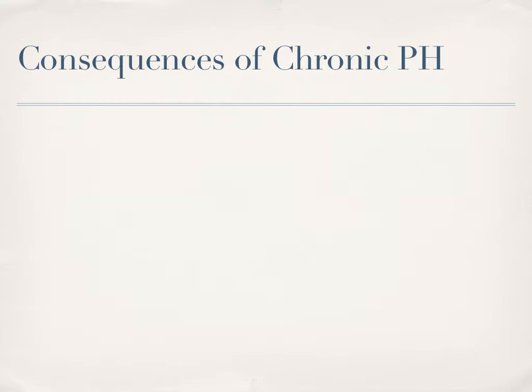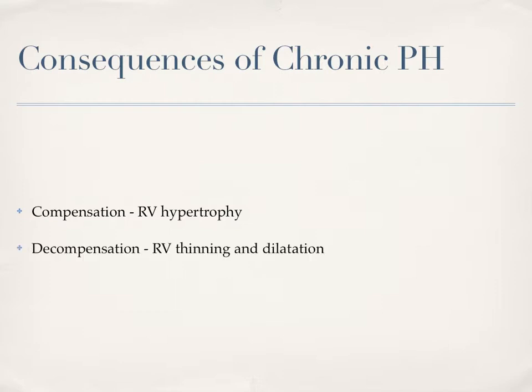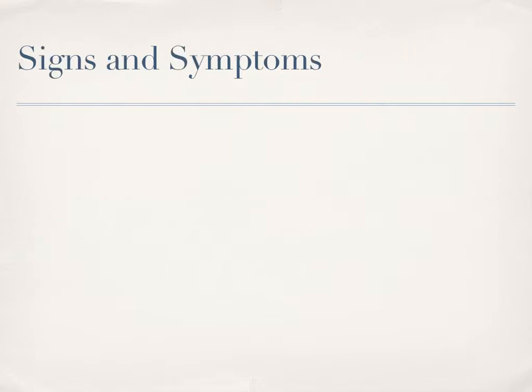The consequences of chronic pulmonary hypertension are that over time the right ventricle will compensate with hypertrophy, but ultimately that compensation might fail with decompensation, and the right ventricular muscle can become thinned and the ventricle can become dilated, and there's a fall in cardiac output.